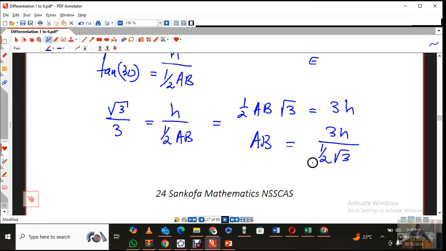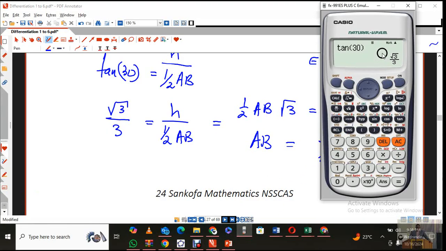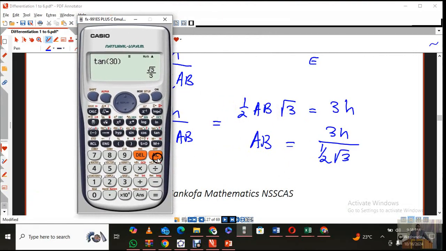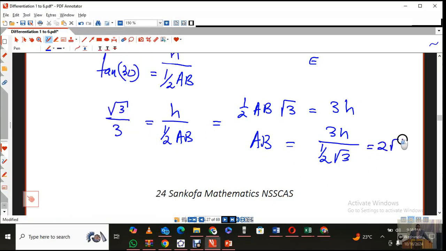Now, if we just ignore the h and we take the numbers, let's say we have 3 divided by 1 over 2 root 3, you're going to get 2 root 3. So this answer is 2 root 3, obviously h. That is AB. Very important that I did that.